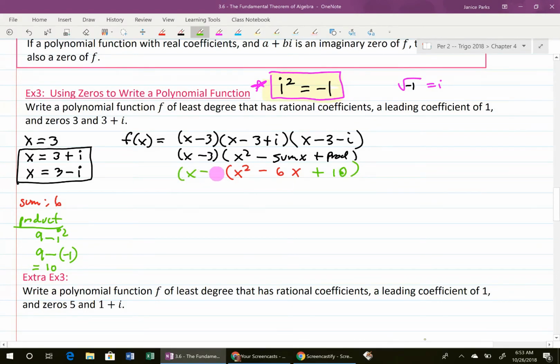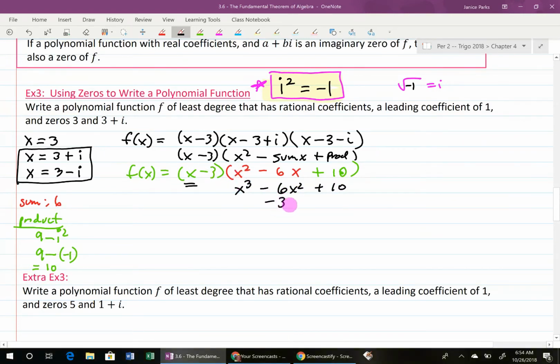This is x minus 3. And then you would multiply out the rest, just like you normally multiply everything else out, like we did in section 3.5. I'm going to leave that part alone. Well, let me finish this one. For the next one, I'll just show you the first portion. So go ahead and multiply x times all of these, and -3 times all of these.